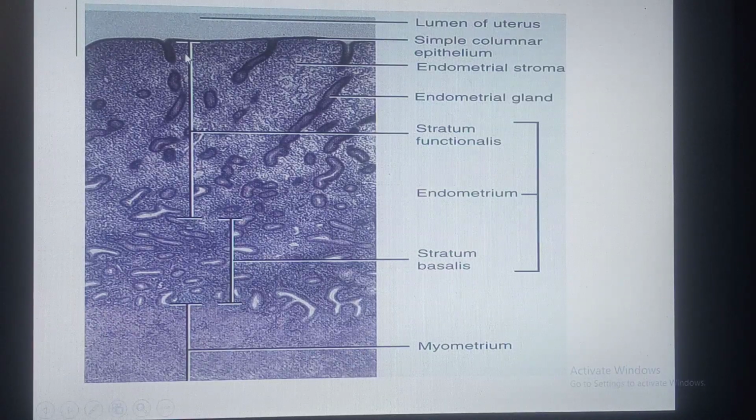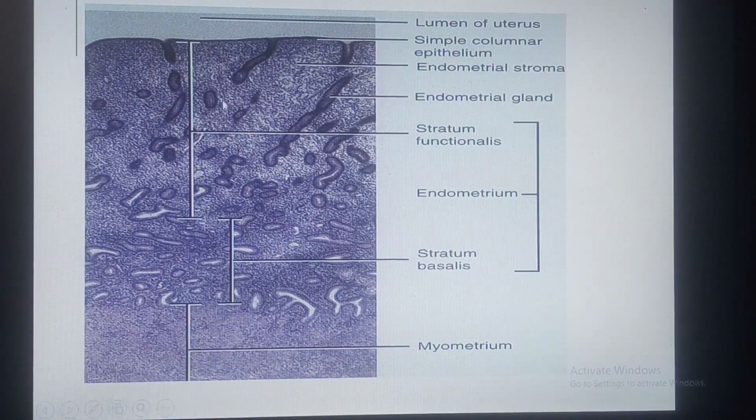Now, if we take the uterine wall, apart from the epithelial lining, we also have loose connective tissue, which is the lamina propria, forming what we call the endometrium. Then beyond that, we have the myometrium, which has 3 layers, which I'm going to explain pretty soon. And then beyond that, we have the perimetrium.